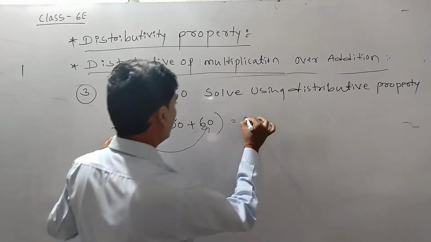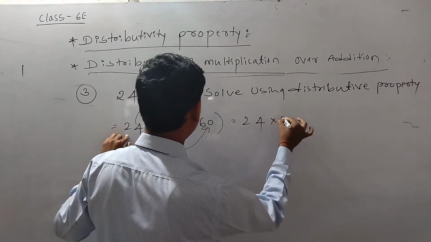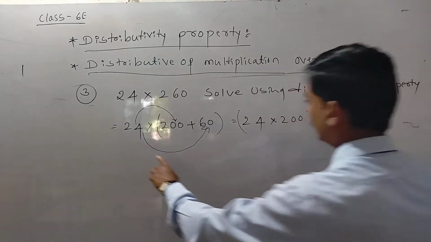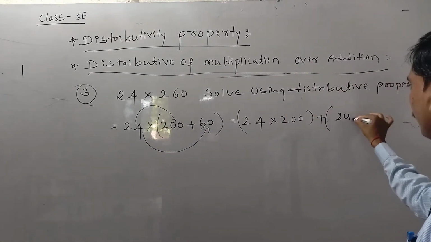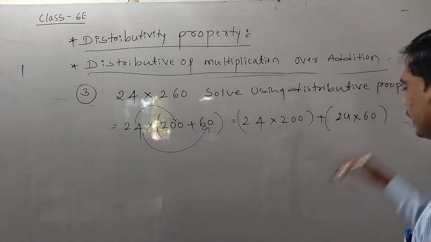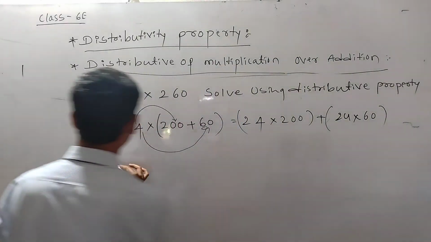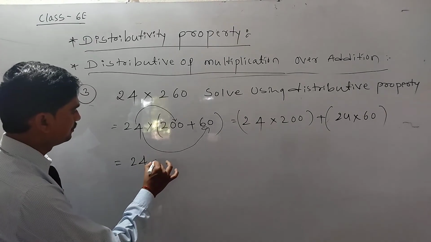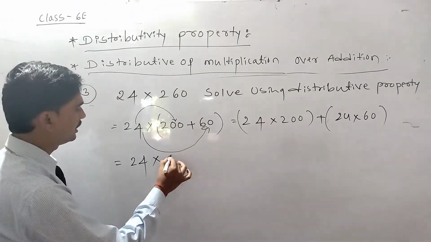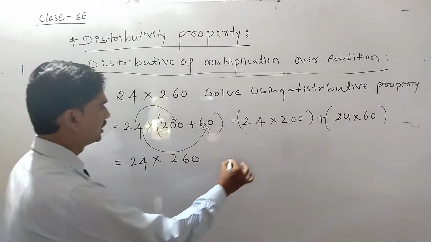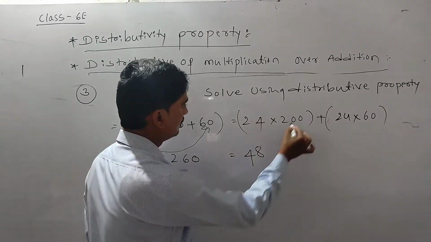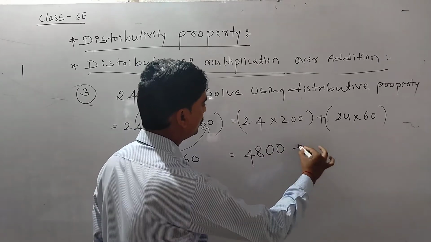Then you have to write here 24 into 200 bracket complete plus 24 into 60 bracket complete. Okay. Then do it, the next: 24 as it is into 200 plus 60, 260, is equal to 24 into 200, 4800, directly you should give there.